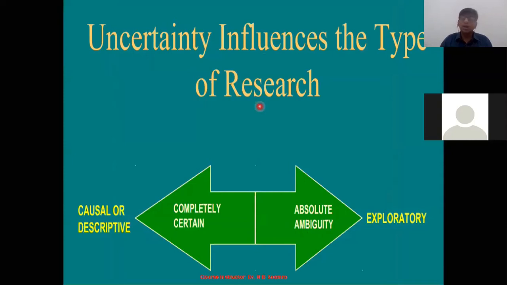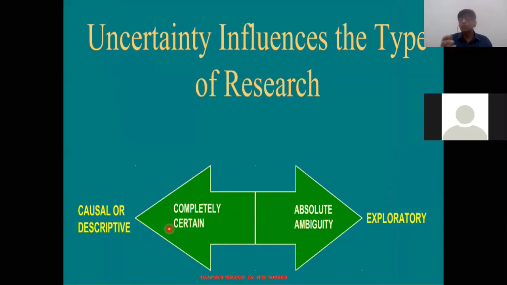Okay, and here the uncertainty influences the type of research. For example, when you are completely certain, okay, these are the 5 reasons because of which this problem persists, like the problem of losing market share. You know that because of these 5 reasons we are losing our market share.